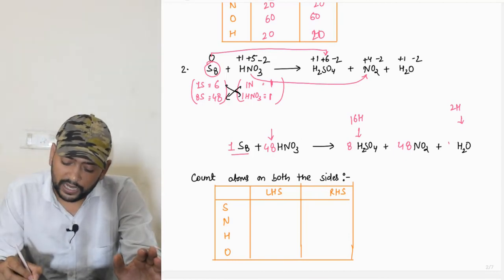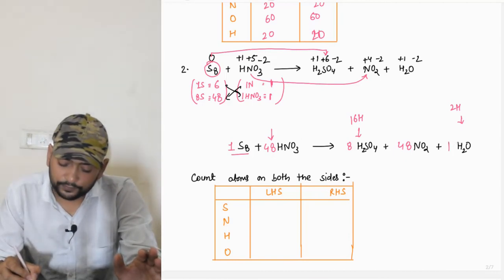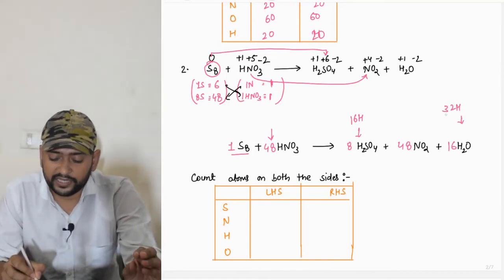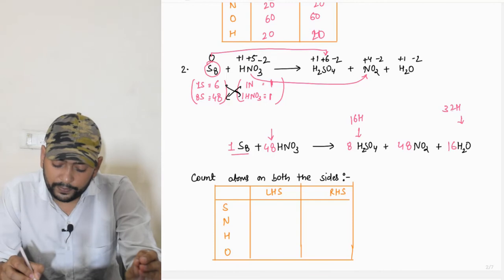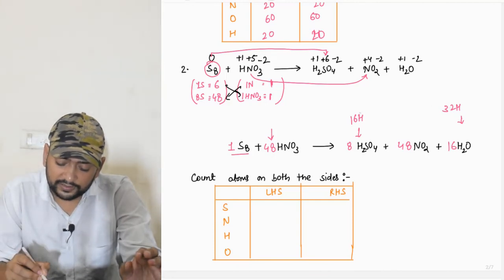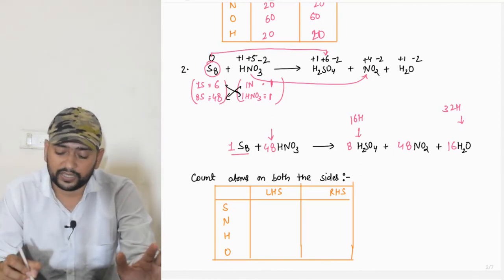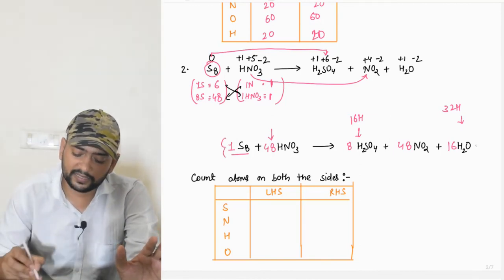So what I will do, I will just make this as 16 H2O. So it will make 32 hydrogen. So 32 plus 16. Now this is your balanced reaction.